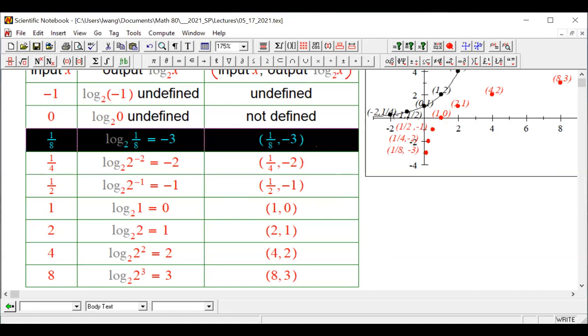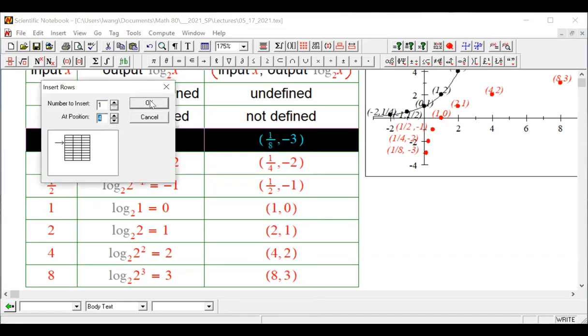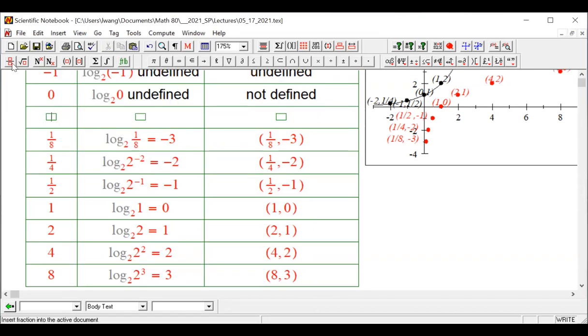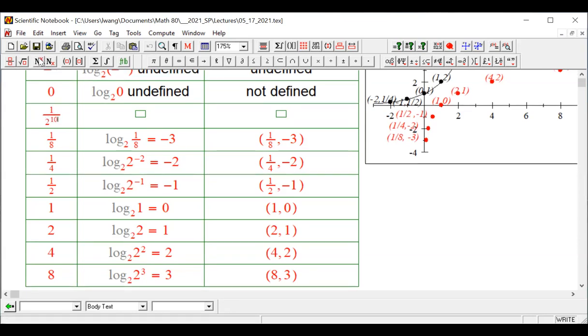For example, I'm going to insert another row. I can have 1 over 2 to the power of 10, right?